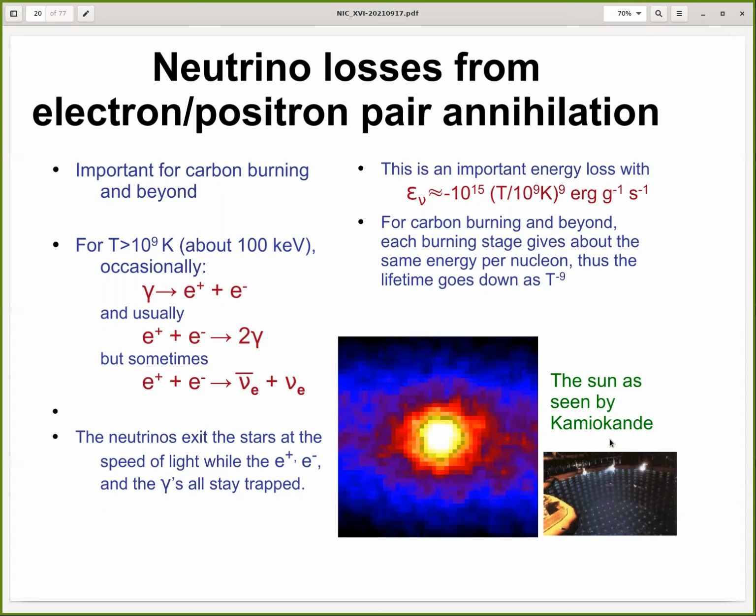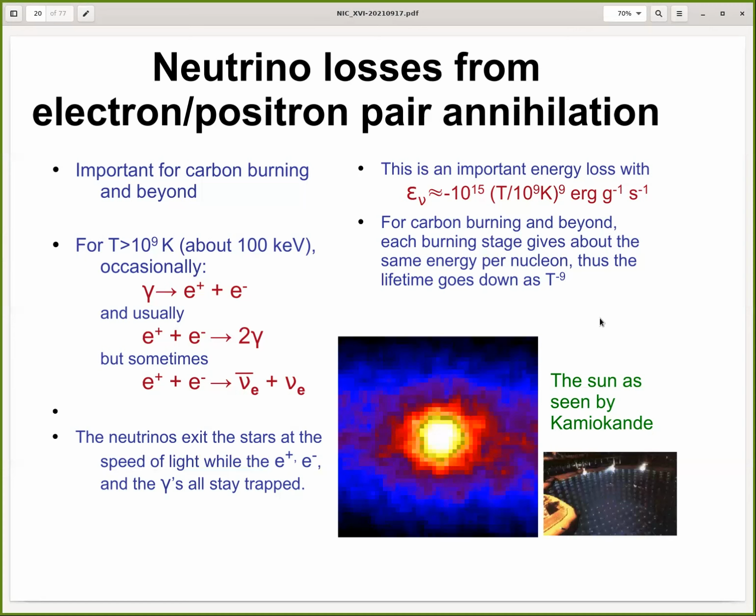For example, one can see the sun in neutrinos. Here is a picture from Kamiokande, although the angle resolution is not very great, so the sun is probably only a small fraction here, and it is not these pair neutrinos that we see from the sun. You may recall the neutrinos coming from the sun are those from the PP chains, and maybe a little bit of contribution from the CNO cycle, but mostly from the PP chains.